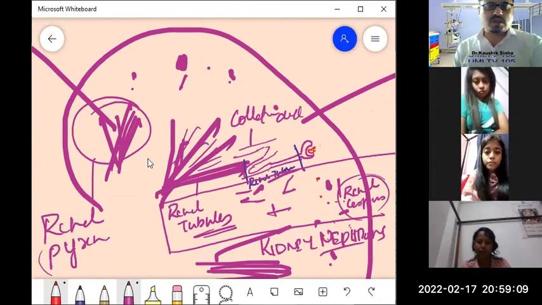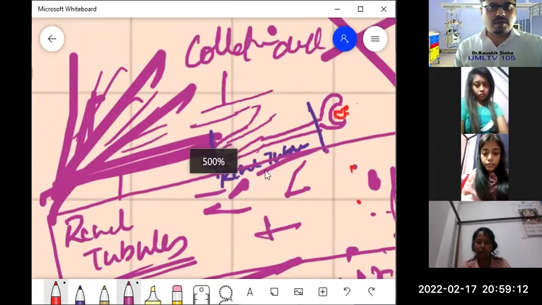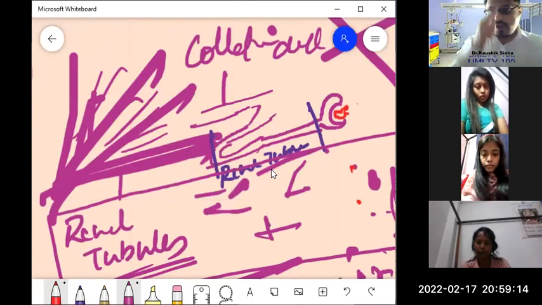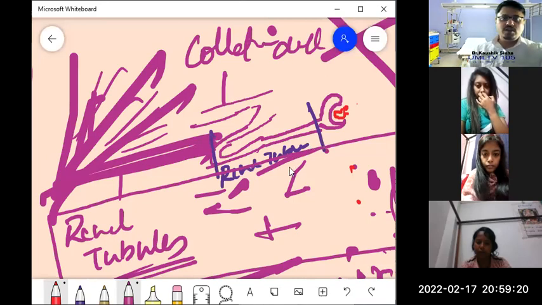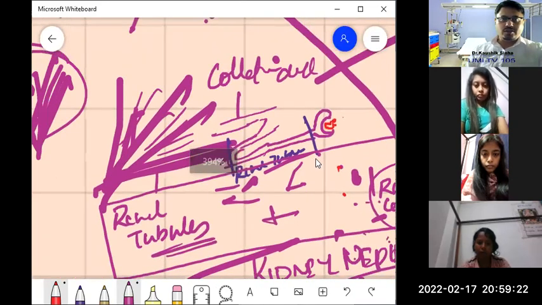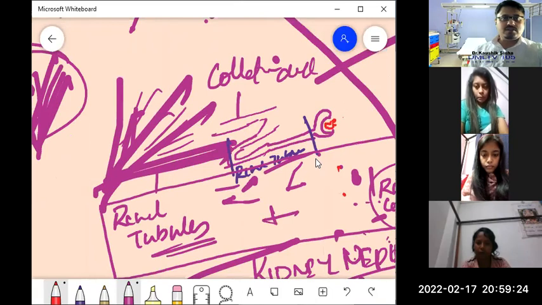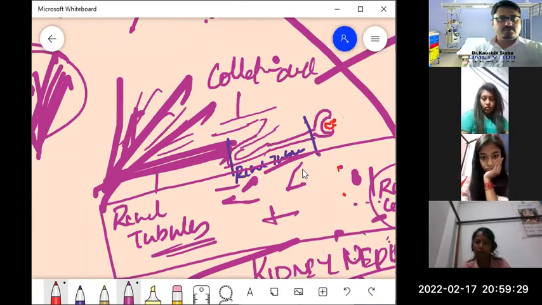So this was the collecting duct. That same image of the nephron, when placed in the gross macroscopic structure of the kidney, is how it would look. So this is how multiple nephrons are organized inside the kidney. Understood?